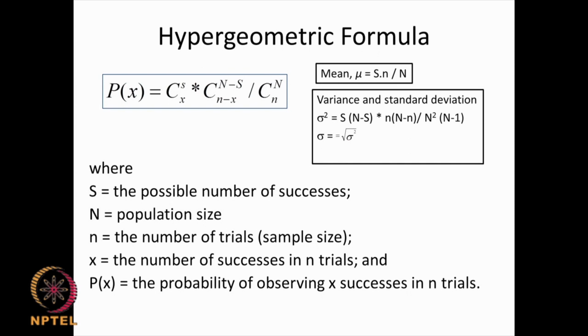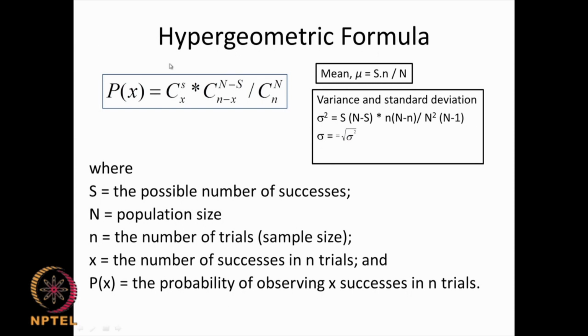Okay. So C(S, x) is nothing but S factorial divided by x factorial times (S minus x) factorial. This is the symbol for that. So S factorial in the numerator, and the denominator will have x factorial and (S minus x) factorial.